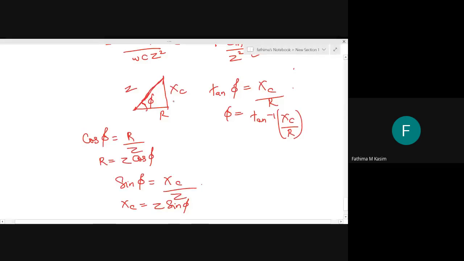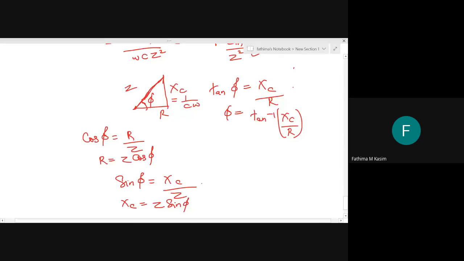What is XC? XC is nothing but 1 by C omega. So 1 by C omega is equal to Z sin phi.